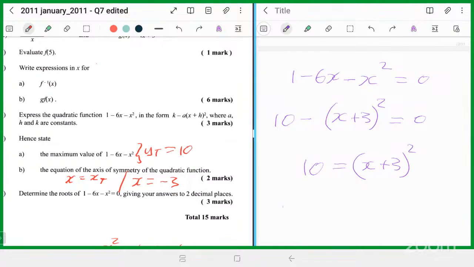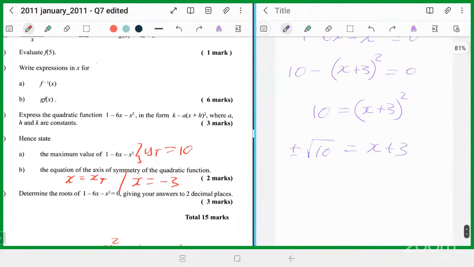So we're going to get plus or minus the square root of 10 equals x plus 3. Then to leave x as the subject, we transpose this 3 and make it negative. So x is going to be equal to -3 plus or minus the square root of 10. I'm going to get one answer with the plus and another answer with the minus.